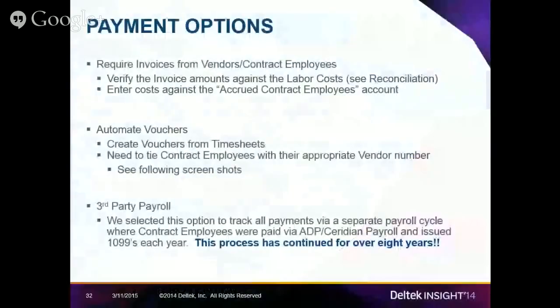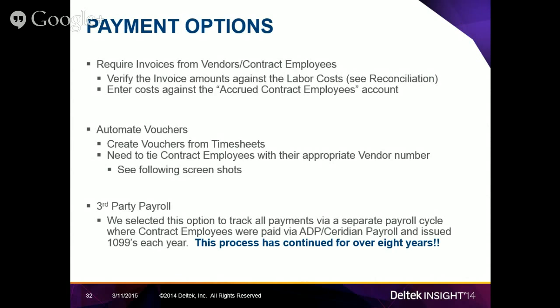With the payment options, we always required invoices from the vendors or the contract employees. It was a second way of doing it. So we would verify the invoice amounts, like I said, against the labor cost, and then we would enter it against that account. So we would pay them directly through AP by keying in that invoice.